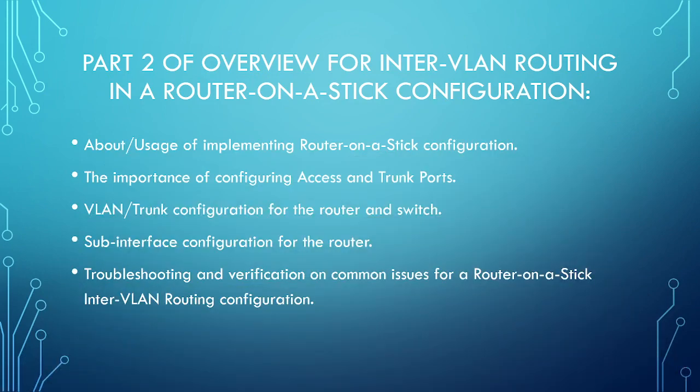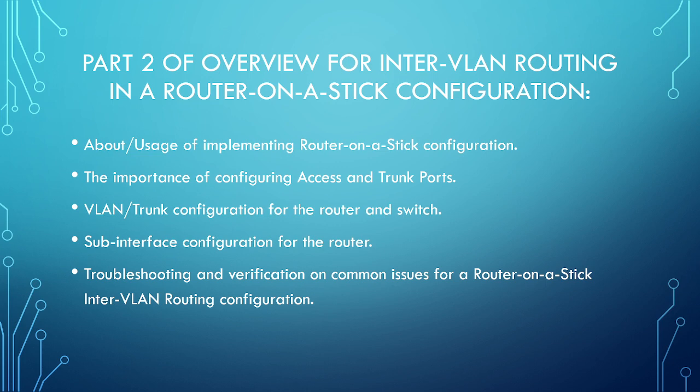Now, for part 2 of our overview of inter-VLAN routing and a router on a stick configuration. Throughout the rest of the presentation aspect of this video, I will be discussing what a router on a stick configuration is, and the uses of implementing it for inter-VLAN routing. I will then discuss the importance of configuring access and trunk ports for a router on a stick configuration.